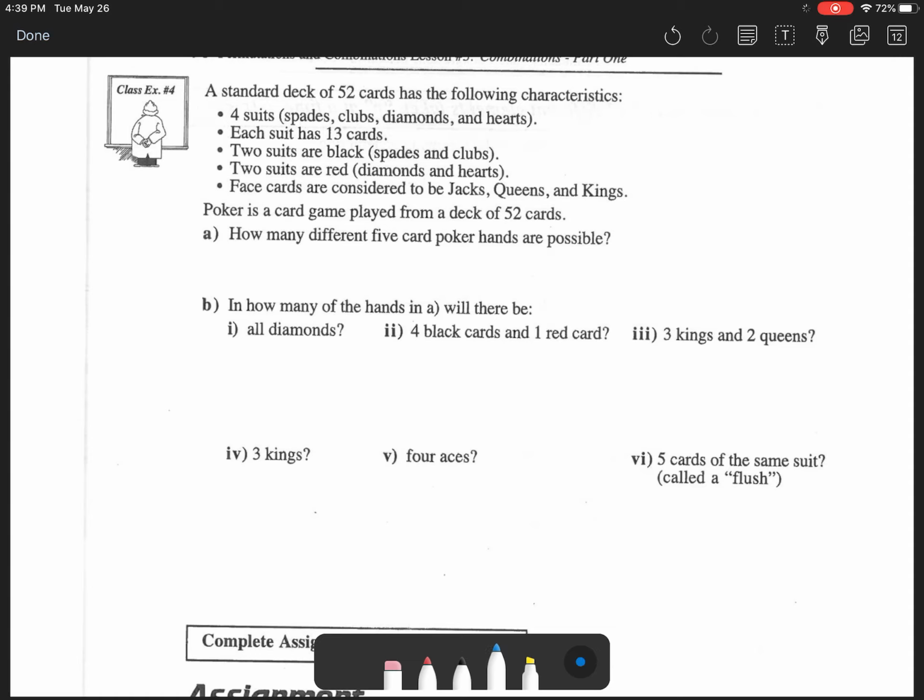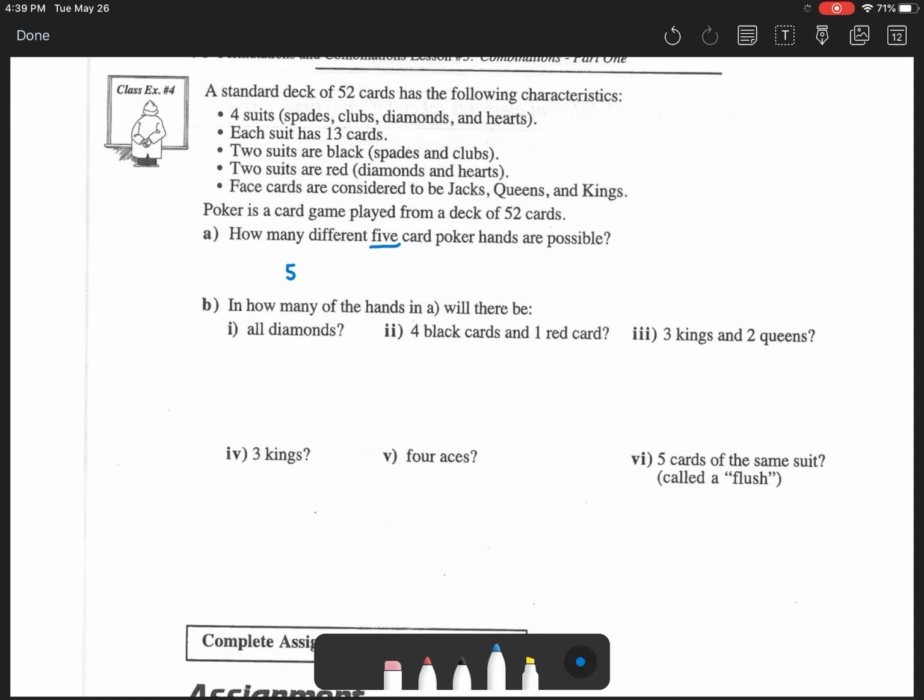Now, poker is a card game played with a deck of 52 cards. How many different 5-card poker hands are possible? So you've got to be careful with this, okay? This is going to be a 5-card hand. Sometimes they say 4 cards, sometimes they say 3, but when cards are dealt to me, the order in which they're dealt to me does not matter. It just matters what cards I'm looking at in my hand.